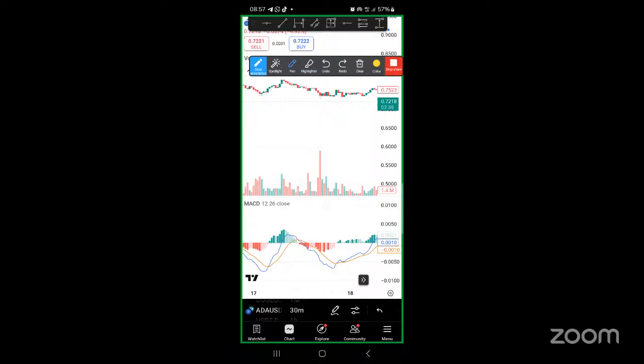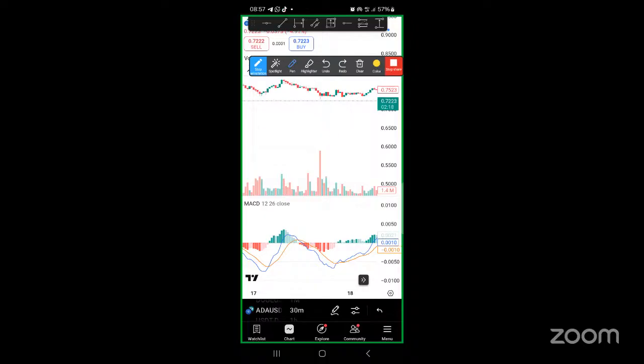Now, these two lines that are moving both look at a different number of candles.